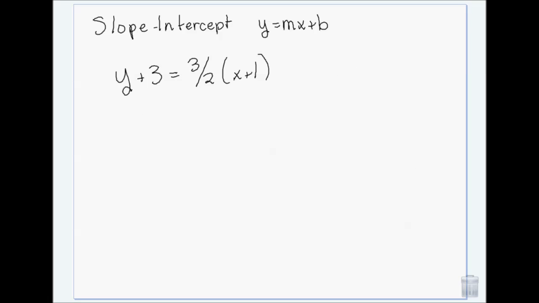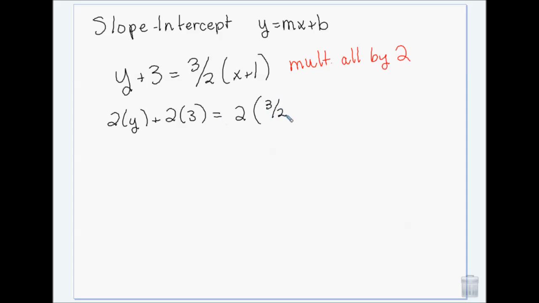We want to get rid of the fraction? So we're going to multiply everything by 2. So it's pretty much just simplifying and then moving one of them to make it the right order. Exactly.